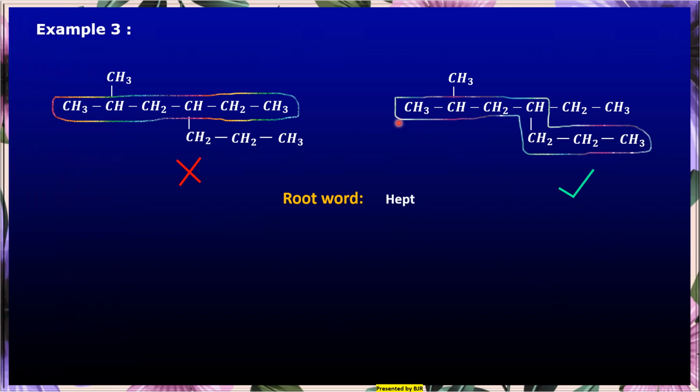That means this alkane is the derivative of heptane, and the complete IUPAC name will be given later. Here we are learning only how to select the parent chain.